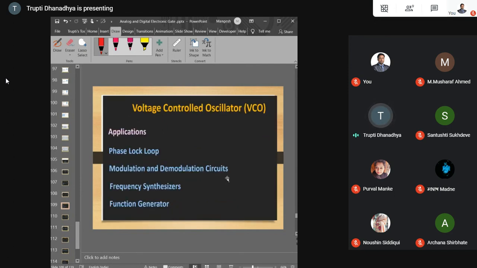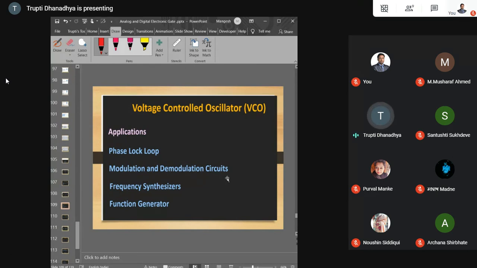Then the application of VCO is the phase locked loop, PLL. We can use it in PLL. Then function generator. In the next point, we have the multivibrator. In that, one of the multivibrators is the monostable multivibrator.